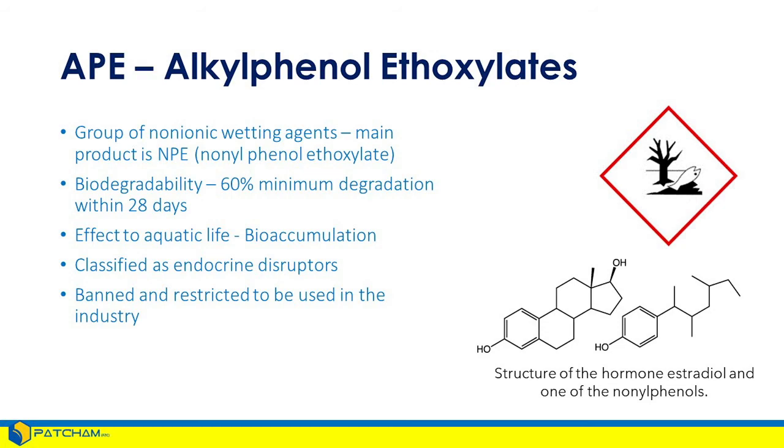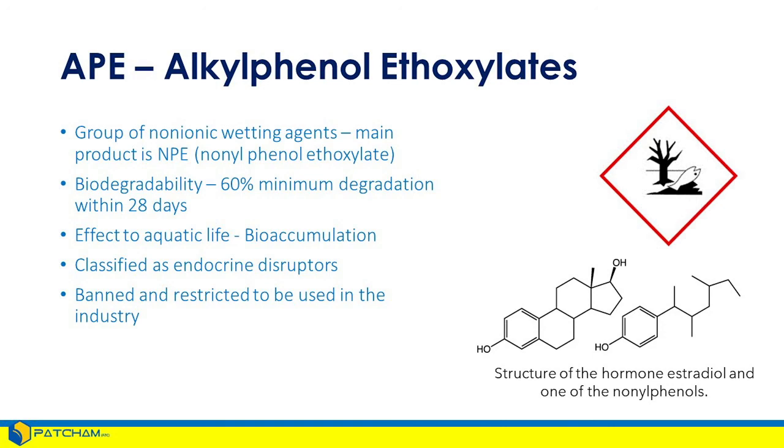And on the structures on the bottom right, you can see that the structure of APE is very similar to the hormone estrogen. So it's estrogen mimicking, and so there are many bans and restrictions in the industry as to how it's used.